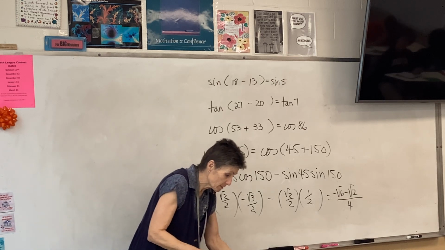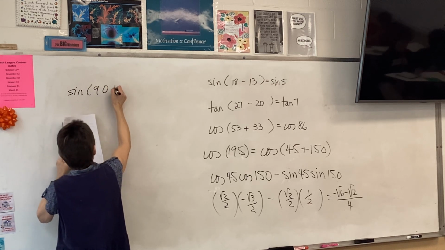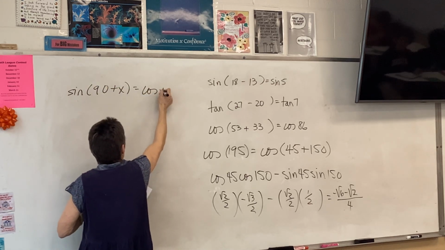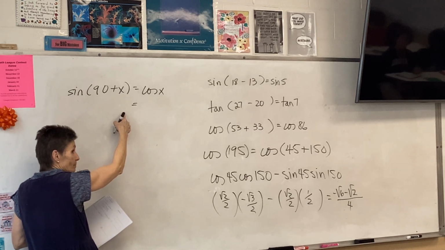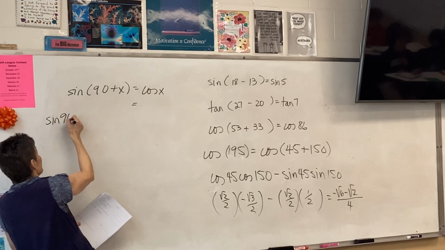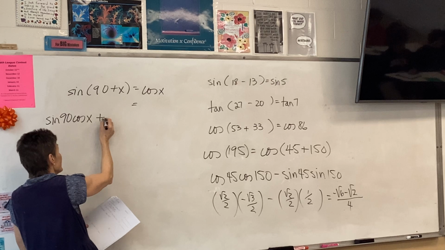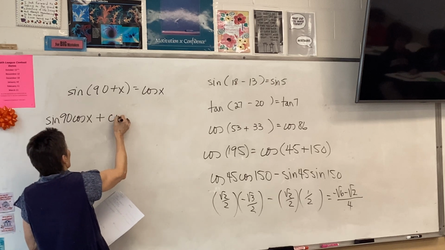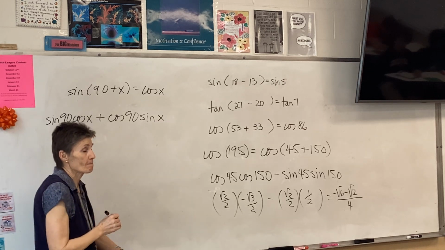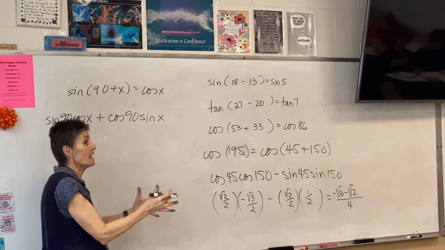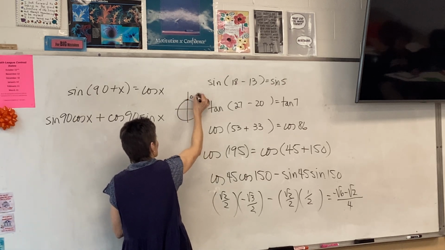Okay, number 3, verify: sine of (90 plus x) equals cosine x. So, sine of our formula, this is a formula. Sine 90 cosine x plus, look carefully, plus cosine 90 sine x. Now, 90 is up here.